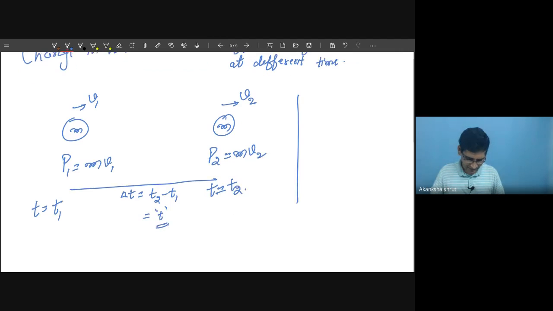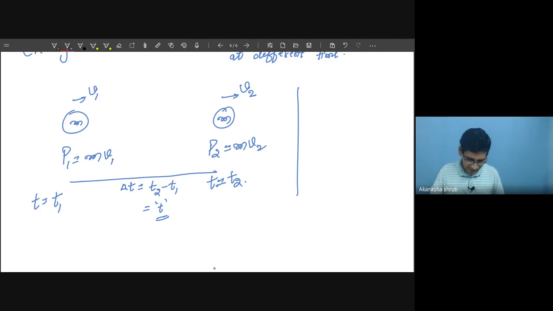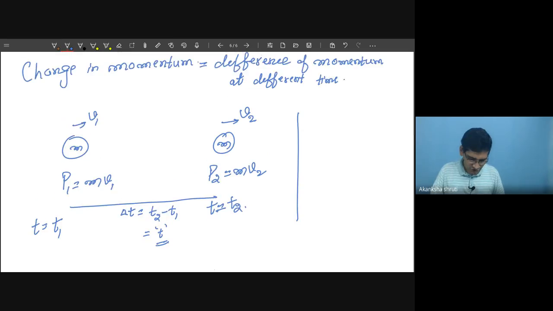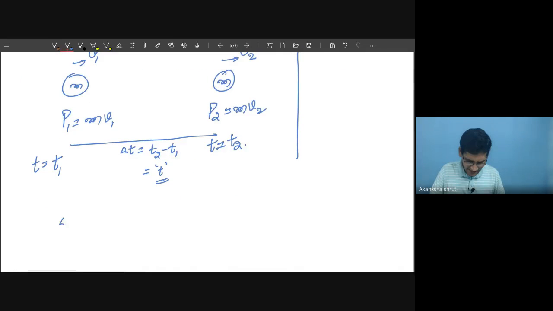Okay, then the change in momentum, denoted by delta p, is the difference of momentum, meaning P2 minus P1.